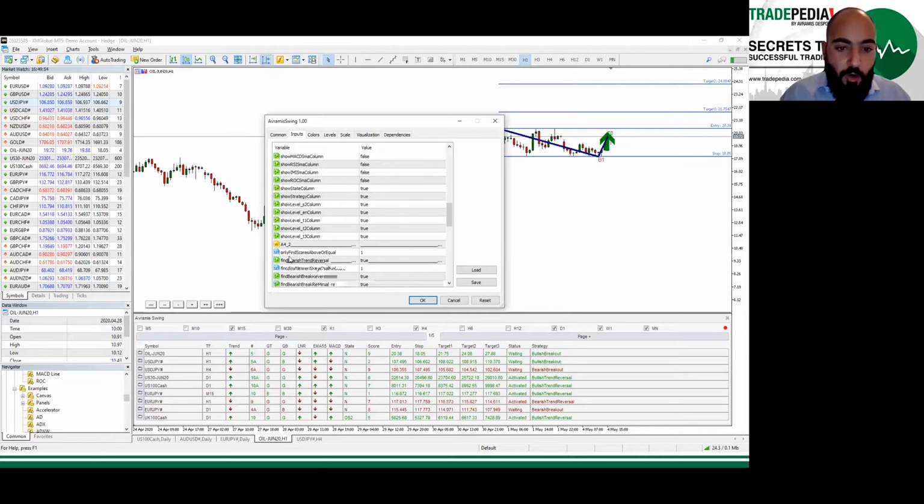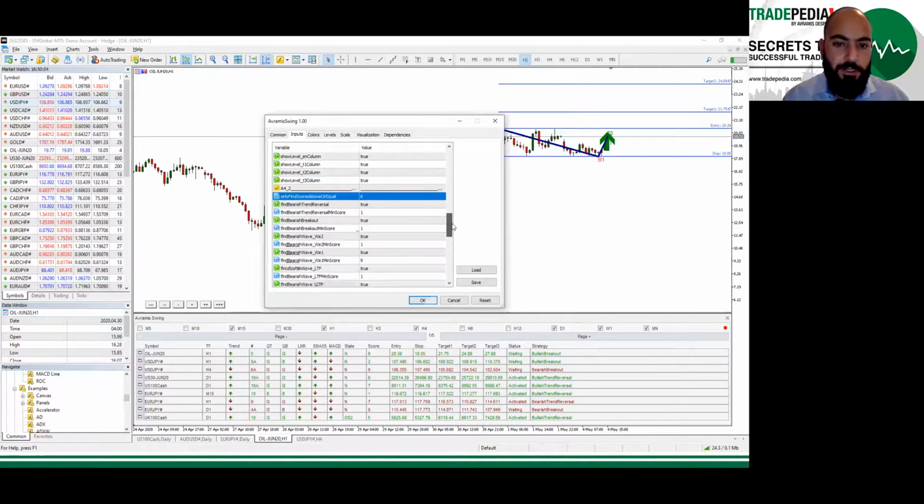You can say only find scores above or equal to 6. So I don't want the indicator to show me weak signals. I want the indicator to show me only signals with a score of 8 or above. Up to you guys. You can choose whatever you want.